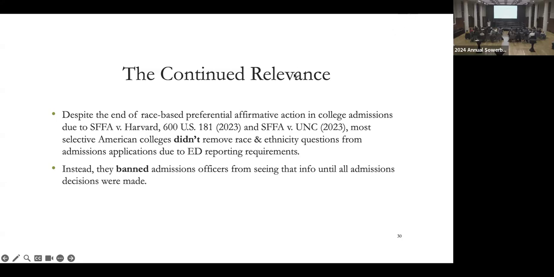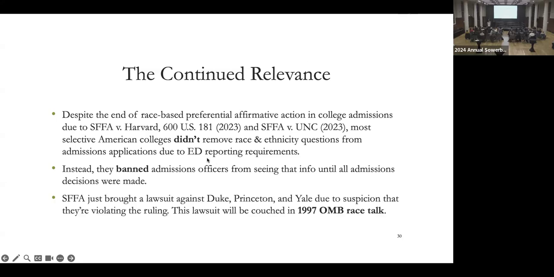They're just blinding that information to admissions officers when they're making their admissions decisions. And there's been some litigation claiming that some folks don't believe that admissions officers are genuinely blinded from that information. So we're going to be continuing to talk about this racial scheme for many years to come.